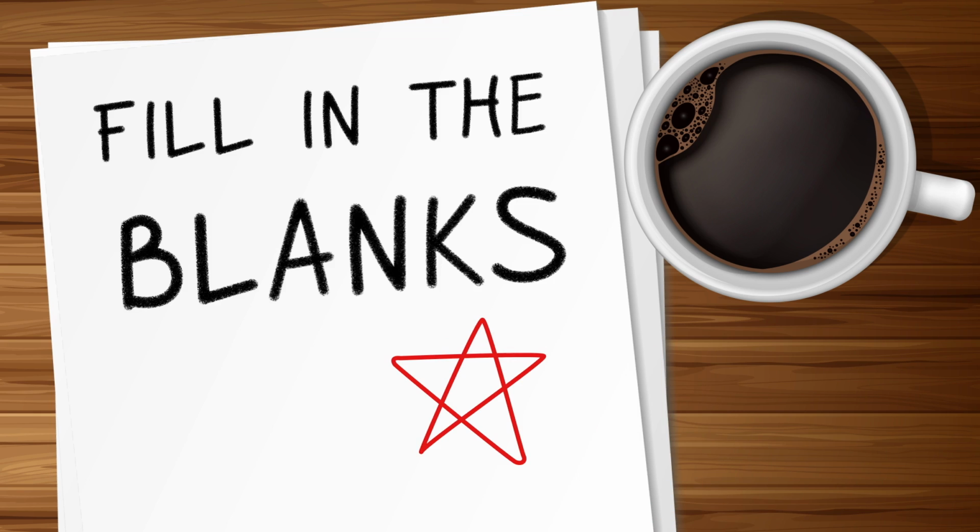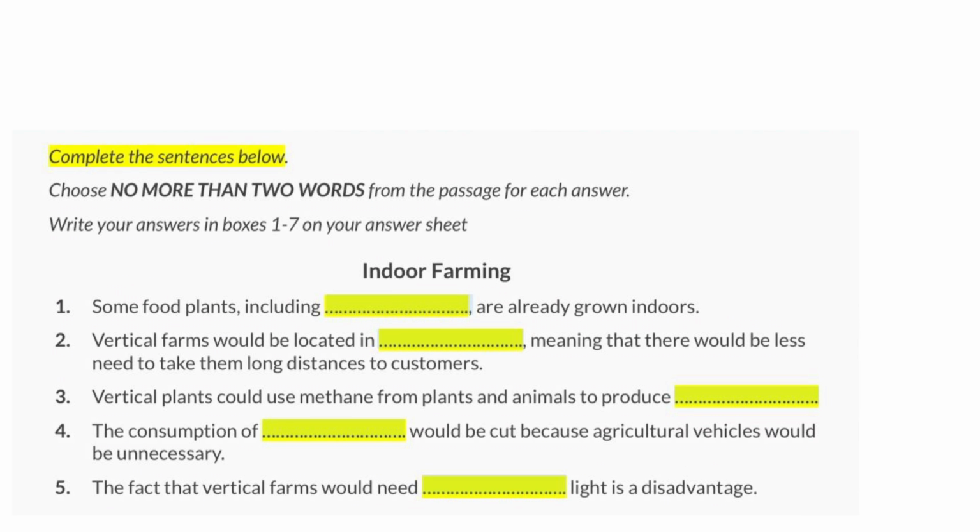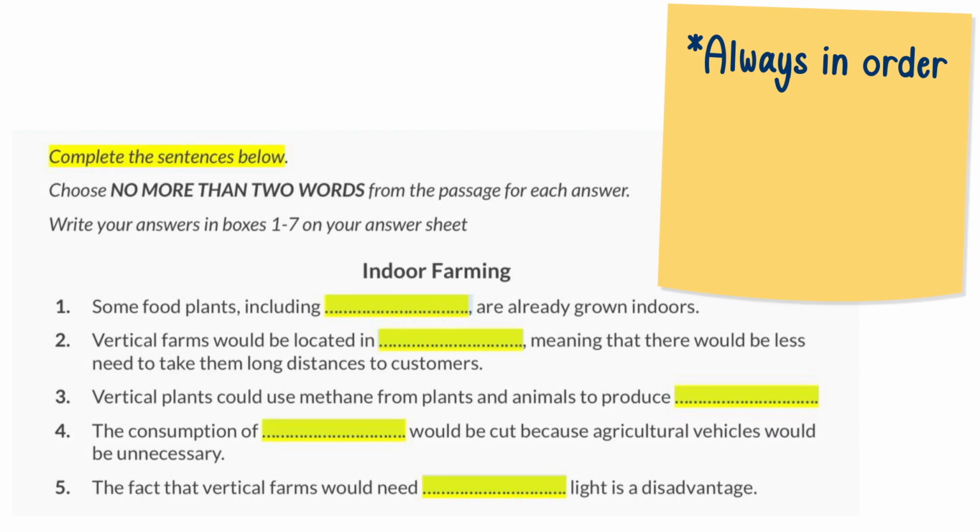So, let's see what a fill in the blank question is. As you can see, this is a type of fill in the blank question, right? And these questions are always in order. So, for example, when you find the answer for question 3 in paragraph 2, the answer for question 4 is definitely not in the previous paragraph.